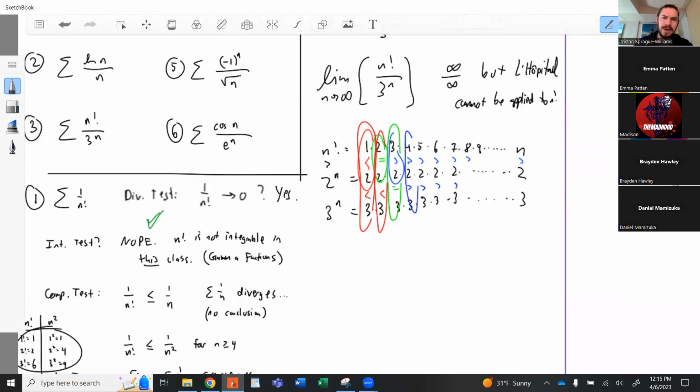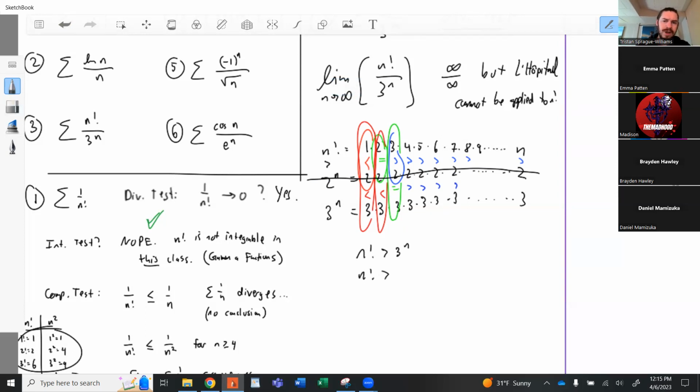So comparing n factorial and 3 to the n, I'm crossing out that one and ignoring it for the moment. Just look at n factorial and 3 to the n, and the relationship is the same. N factorial is still greater than 3 to the n, right?